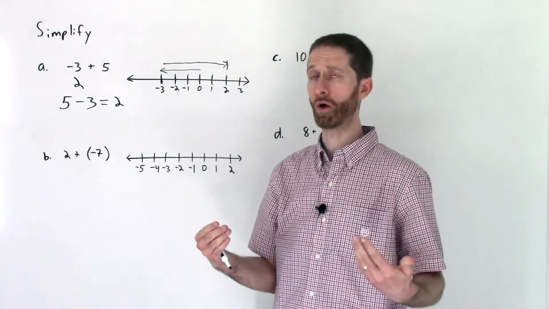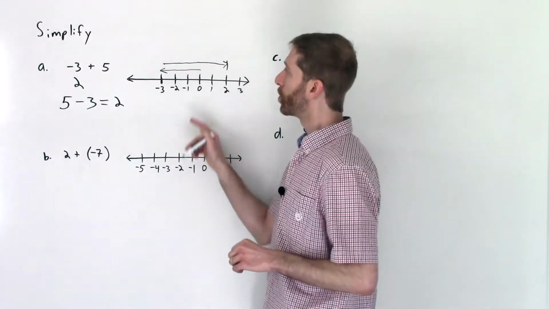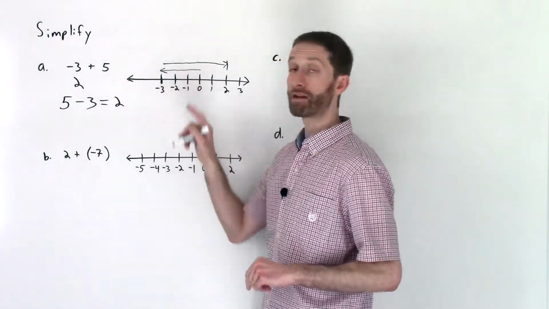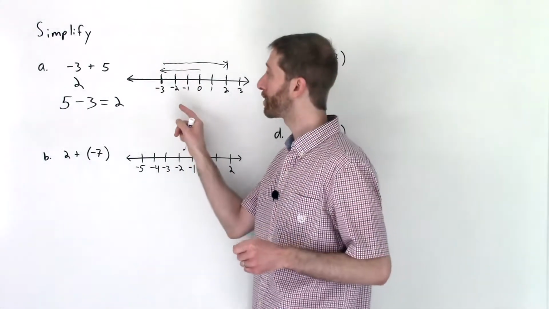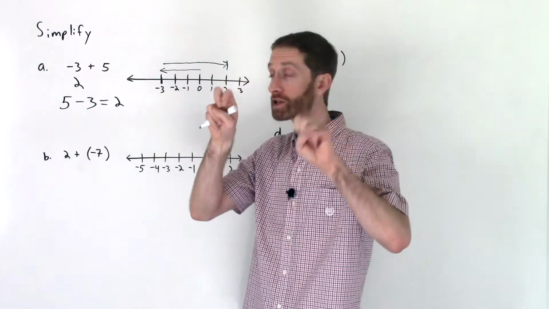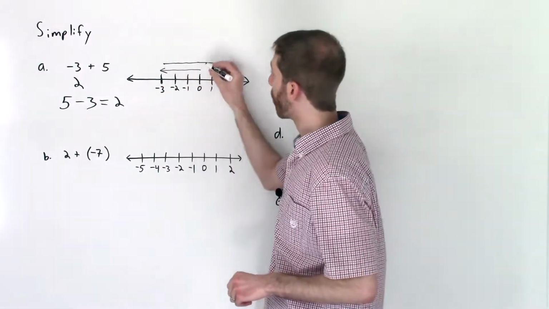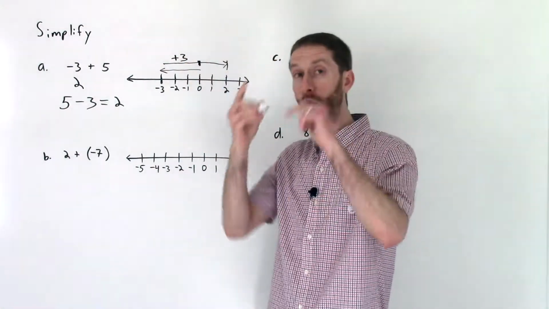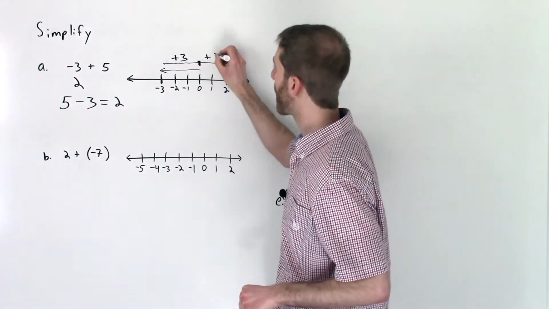Why does it work though? Well, if we think about this, we've started out going to the left 3. We then go to the right 5. In going to the right 5, we've erased our loss of 3 right here. We've added back 3. And how much more do we have left over? We have 2.